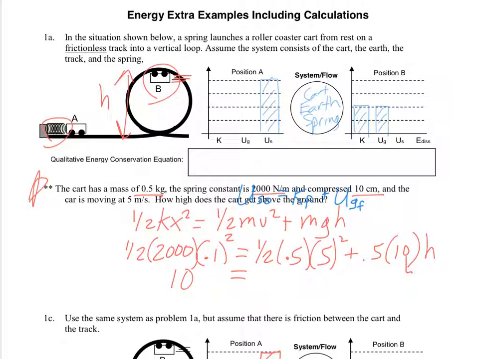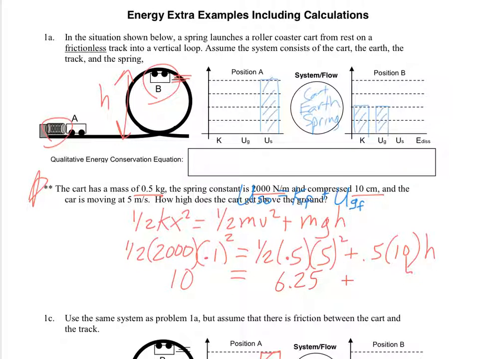So we're going to figure out how much kinetic energy. 0.5 times 0.5 times 5 squared gets us 6.25 joules of kinetic energy. That means there has to be 3.75 joules of gravitational potential energy.